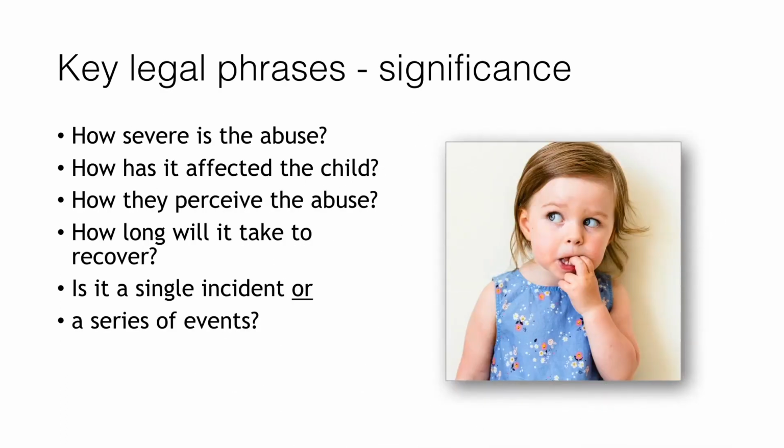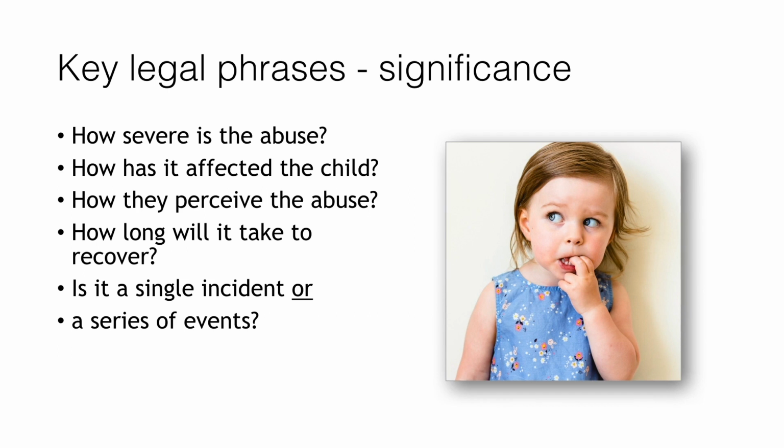However, Working Together goes on to give us one of the most quoted paragraphs in relation to significance, which has in fact been the basis of the first section of the significant harm checklist. It introduces the idea that you should evaluate the severity of any harm or abuse against how it has affected the child, how they perceive the abuse, and how long it is going to take to overcome the impact of the harm.